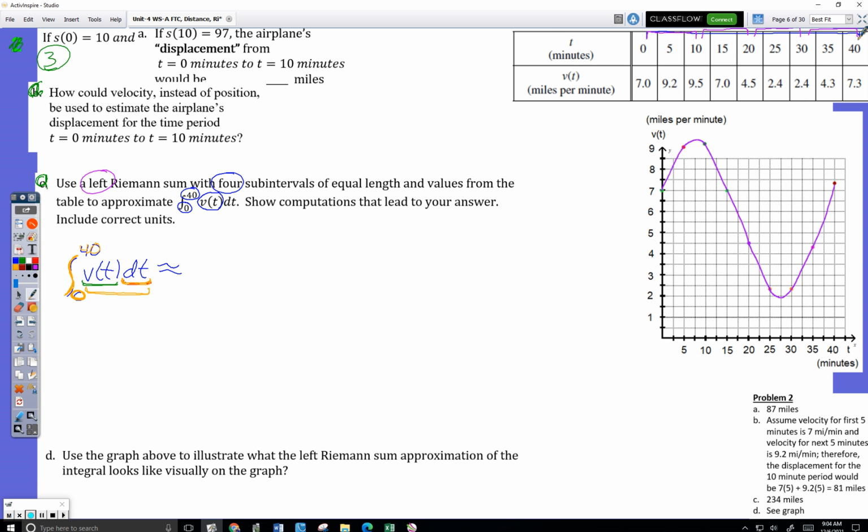Warning, this is really subtle, but I have seen people do the following and then get super messed up on a test. Instead of drawing these little brackets like I'm doing to show the first subinterval, second subinterval, third, and fourth, they draw vertical lines like this. They go, oh, first subinterval, and then second subinterval.